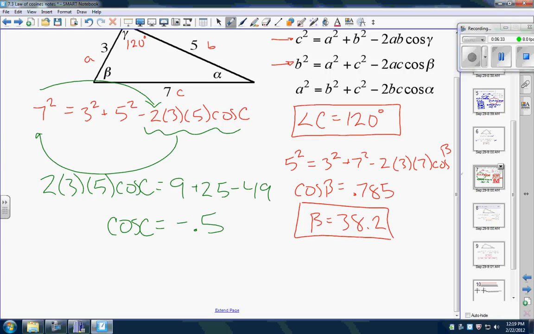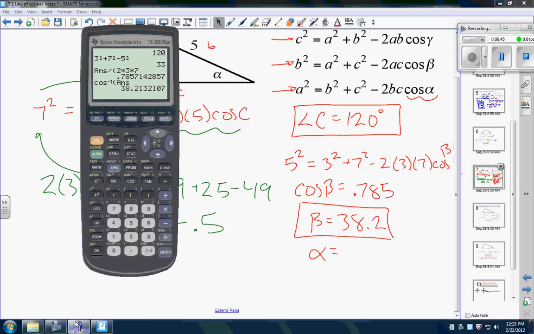Now for the last one, you could go do this law of cosines if you want to make sure that your alpha will fit, or once we have two angles, it's pretty easy to find the third angle just from the triangle sum theorem. But if you want to make sure your answer is correct, you could do a third law of cosines. That gives 21.7.